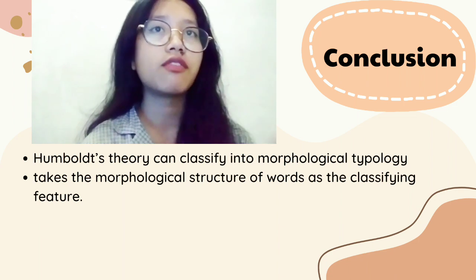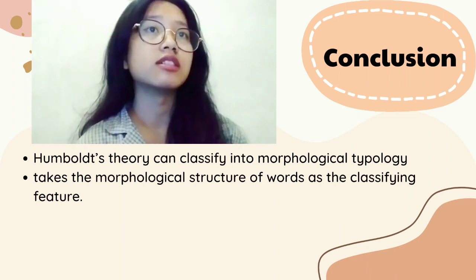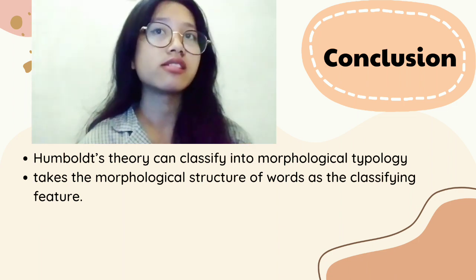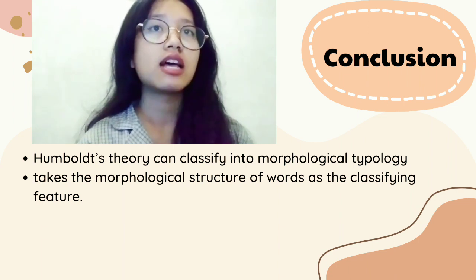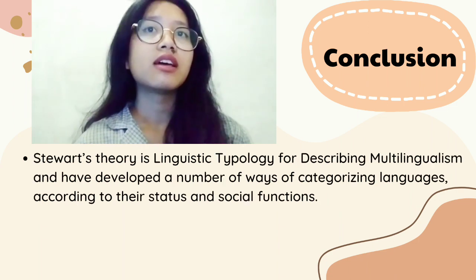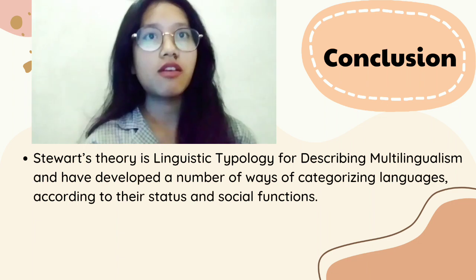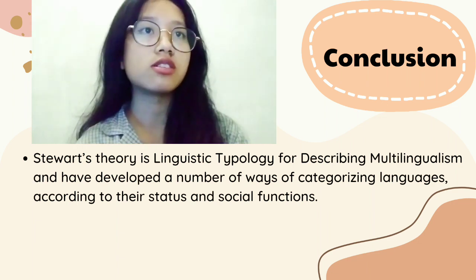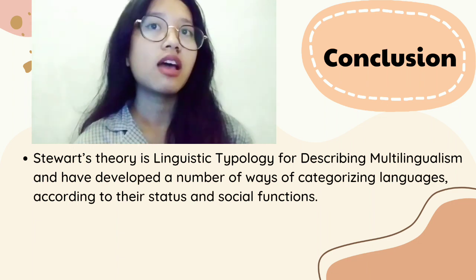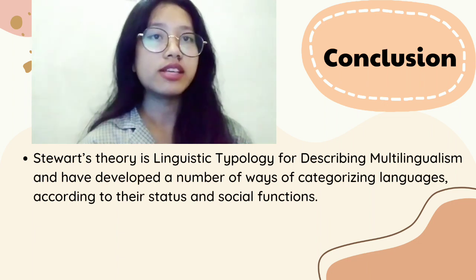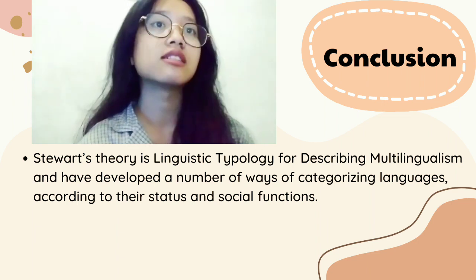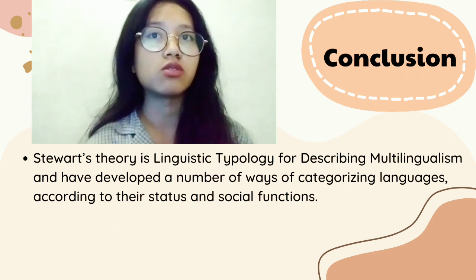Then Humboldt's theory can be classified into morphological typology because it takes the morphological structure of words as the classifying feature. Last but not least, Stewart's theory is linguistic typology for describing multilingualism and has developed a number of ways of categorizing languages according to their status and social functions.